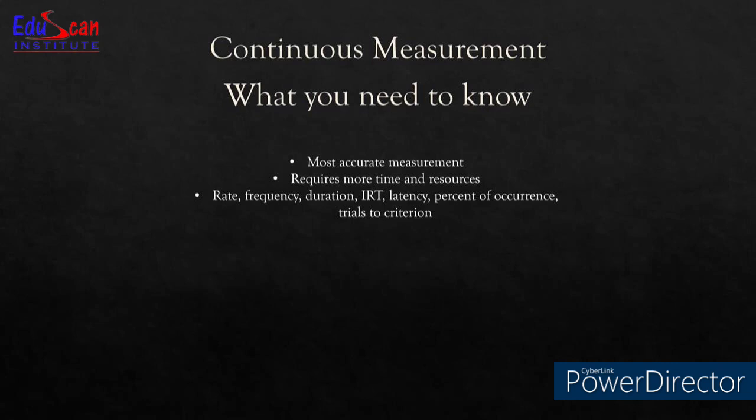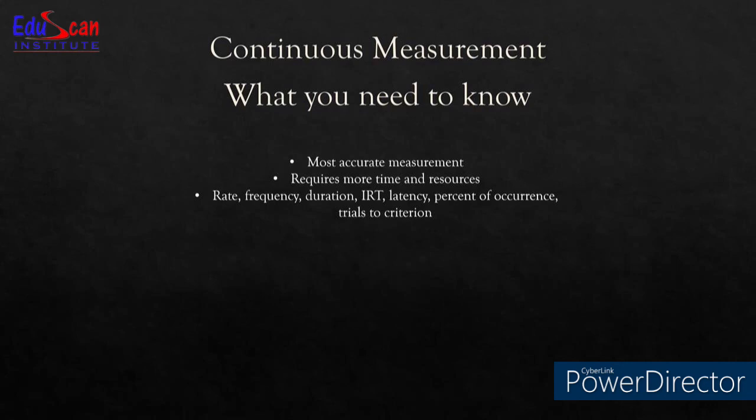Number three, what are our continuous measurements, which we all just understood? The rate, frequency. Frequency is the number of times, rate is number of times divided by the time. So per time occurrence. Duration is the duration from the beginning to the end of any behavior.